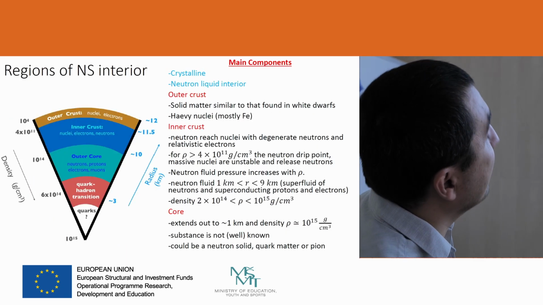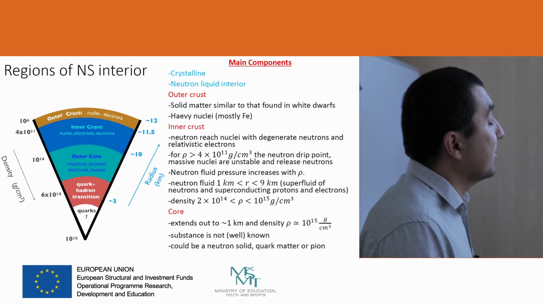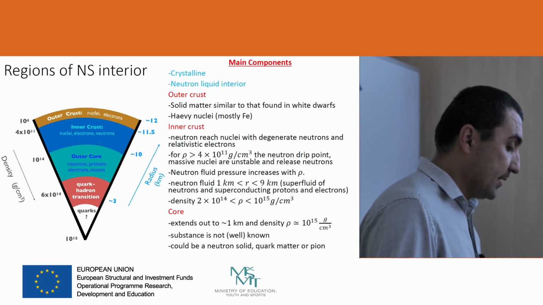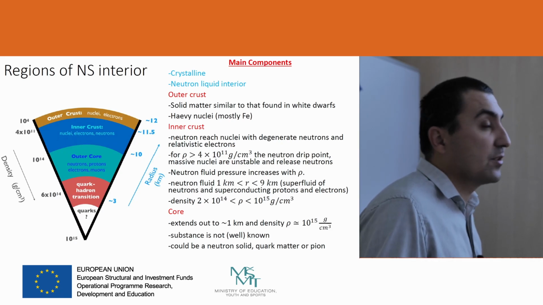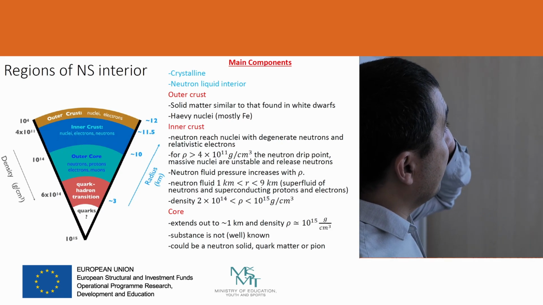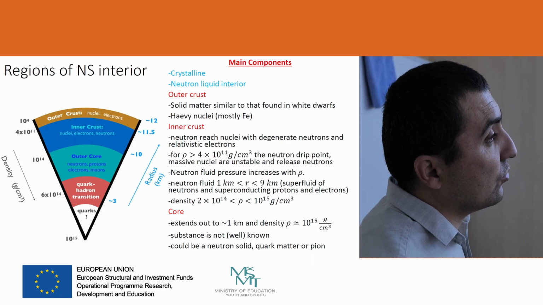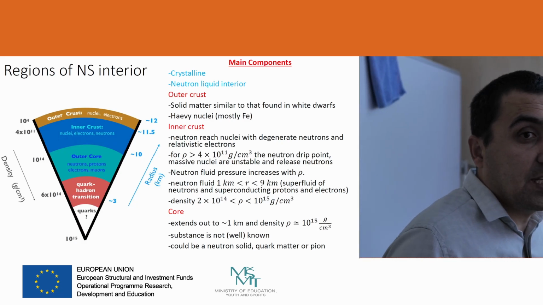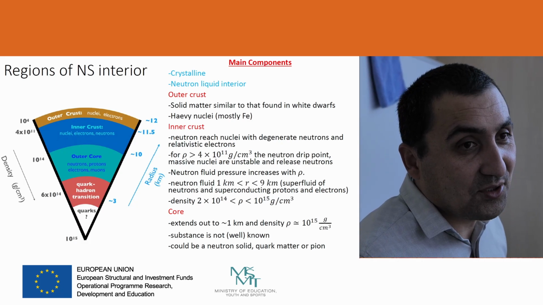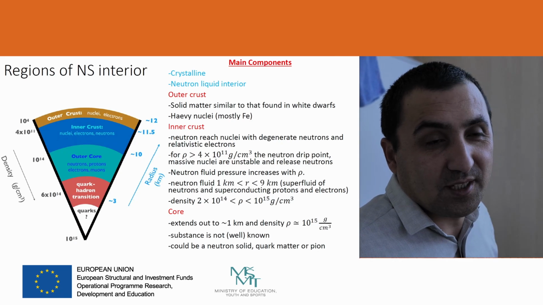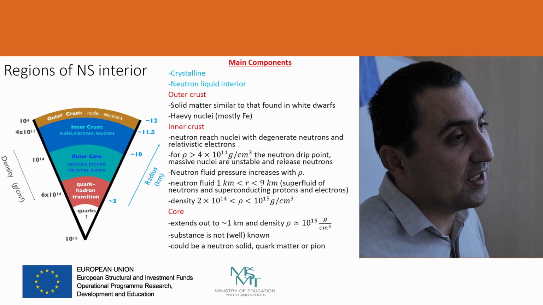And how about the inner region of neutron stars, the inner structure? Some models say that a neutron star has uniformly distributed matter inside, so the density rho is constant inside.